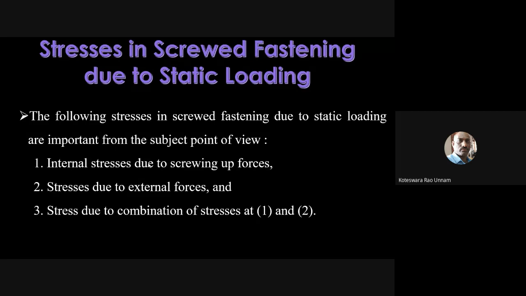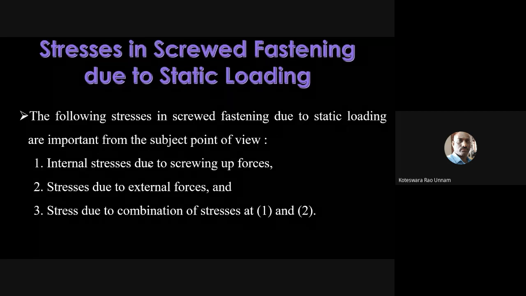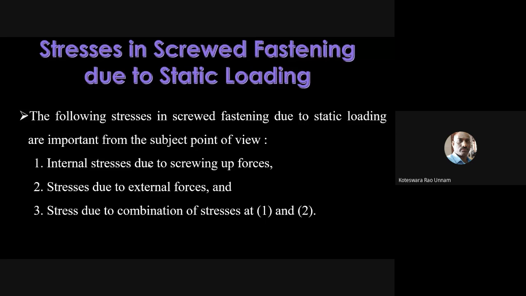In the second case, we assume that there is no initial tightening or internal stress in the joint, and we calculate the stress due to the external force only. The third one is the combination of these two, where we consider both the initial tightening load and the externally applied loads, and find the magnitude of the stresses because of this combination of loads.